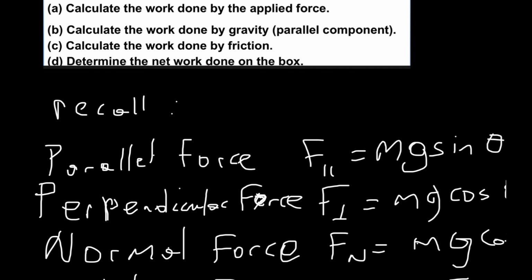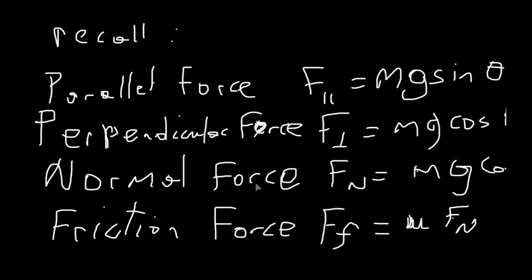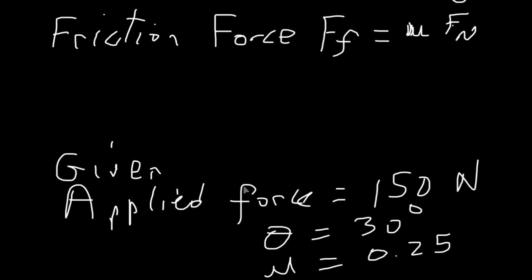It is the same magnitude as the perpendicular force. They are just the same size and act in opposite directions in these scenarios. The friction force F sub f is equal to mu F sub N.